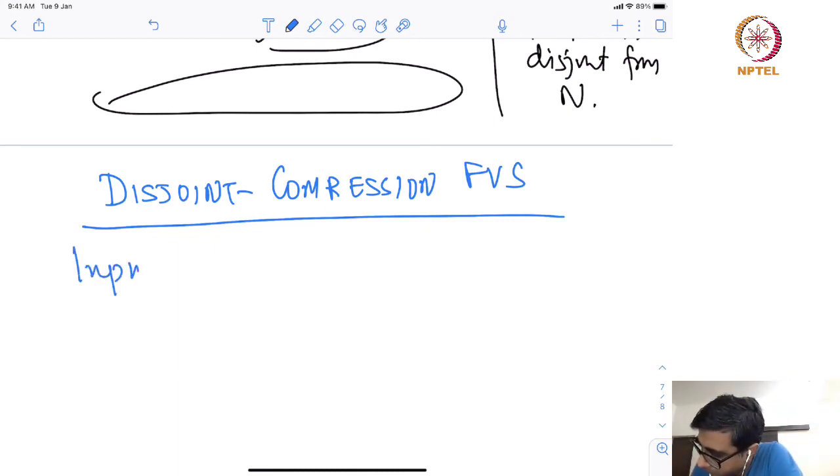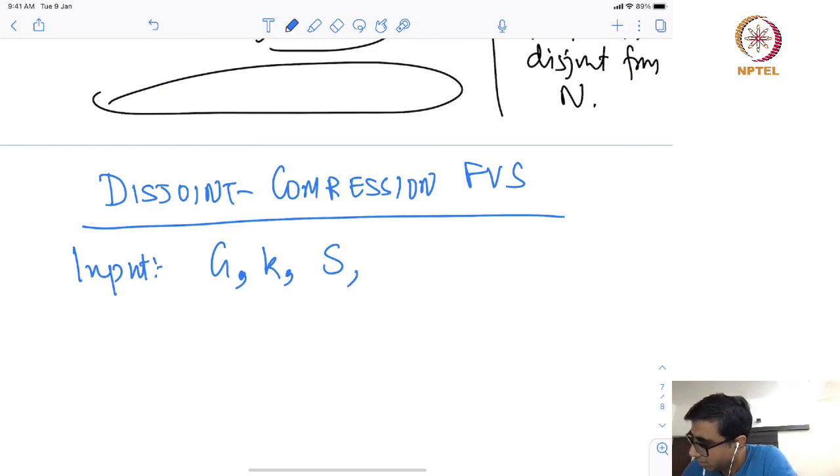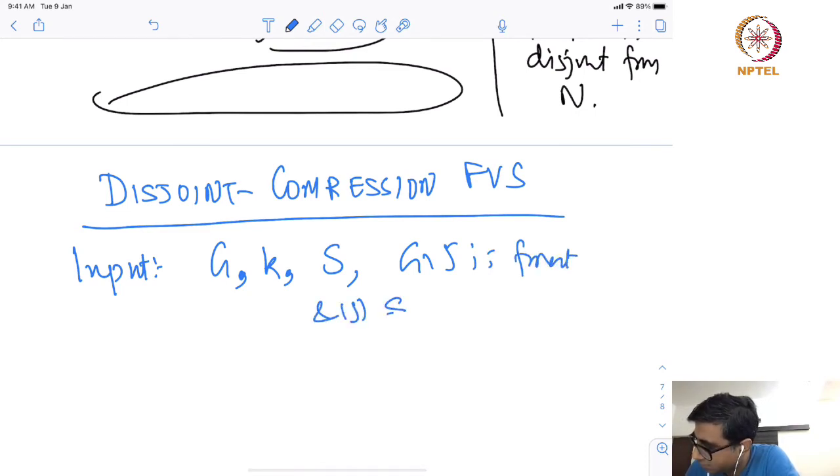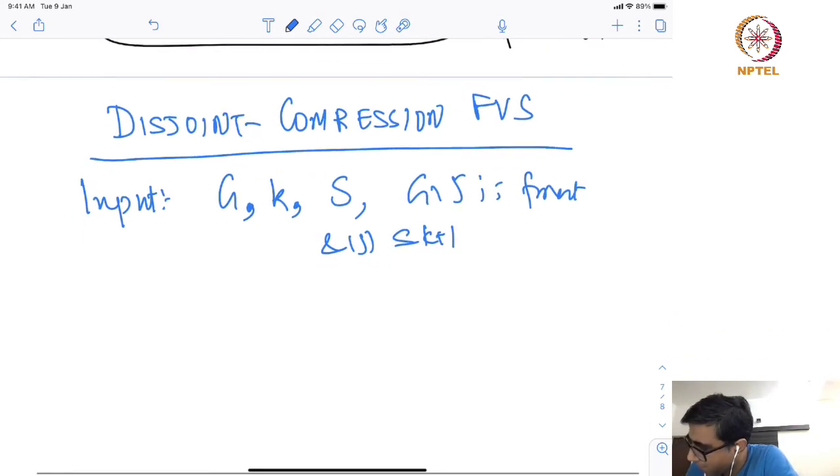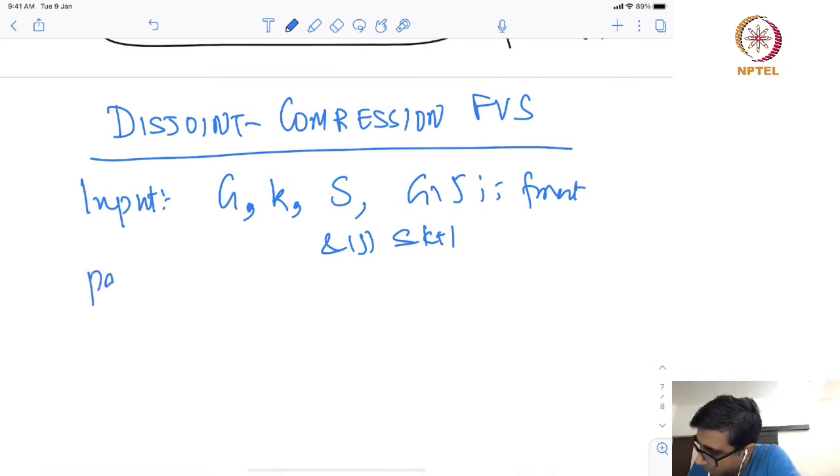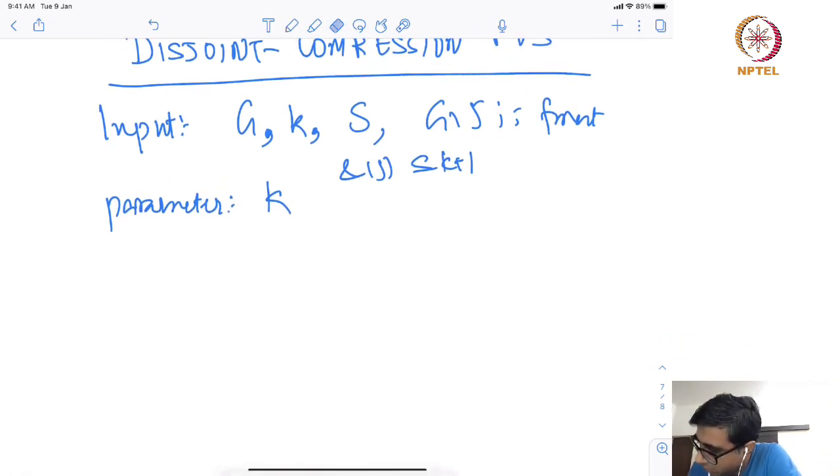Minimization problem. Input is graph G, k, S, such that G minus S is a forest, mod S is at most k plus 1, and the parameter is k.